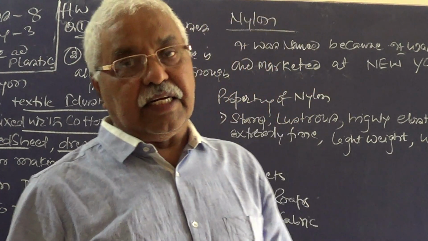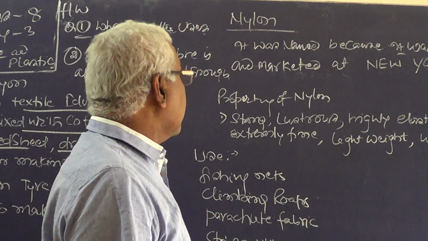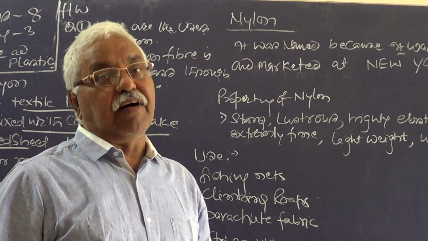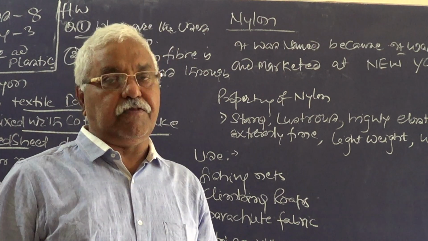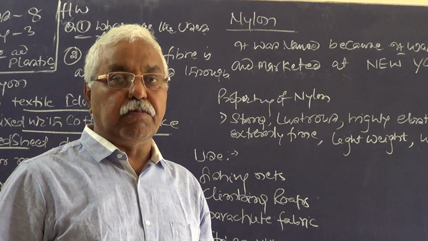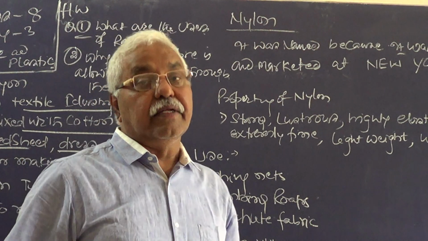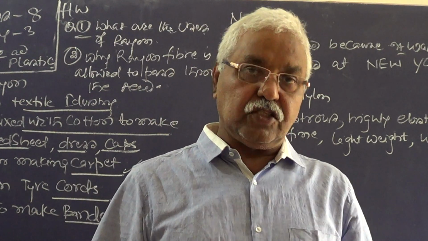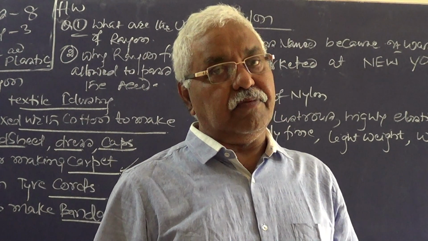Okay, now let's discuss the next topic, nylon. Nylon, the term, from where it came. Nylon was the first synthetic fiber which was invented. Initially it was used in two cities, New York in the US, and London.